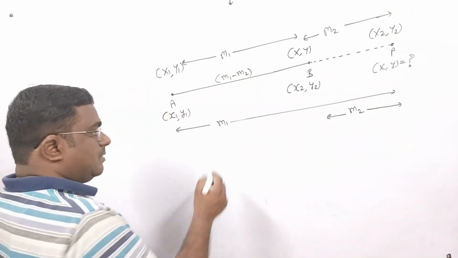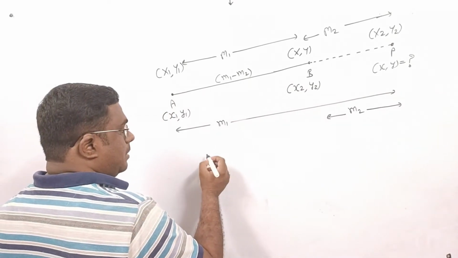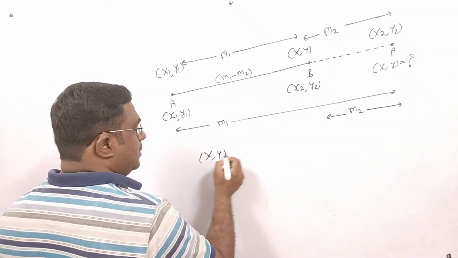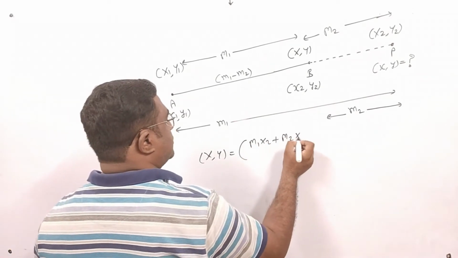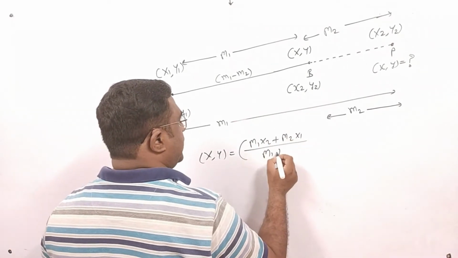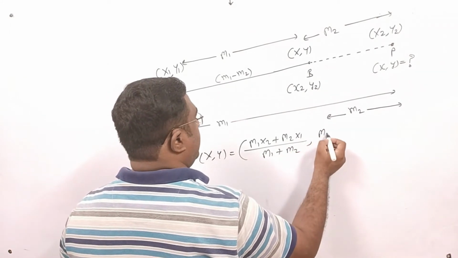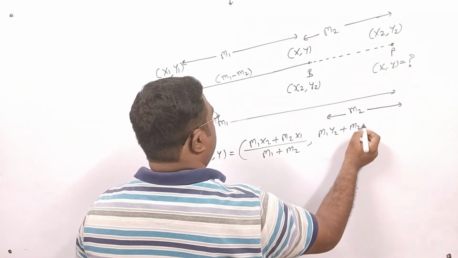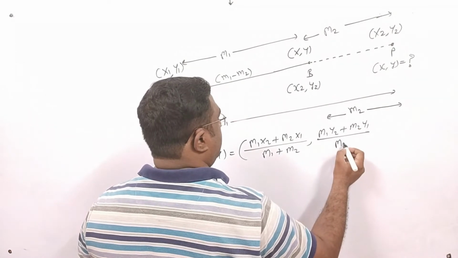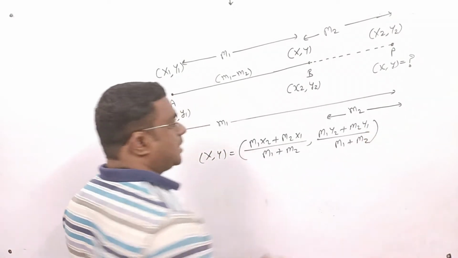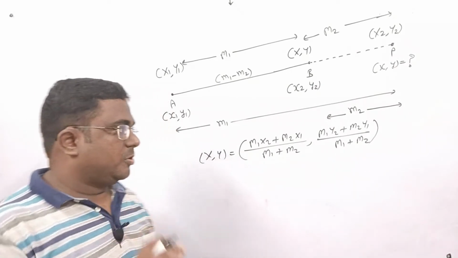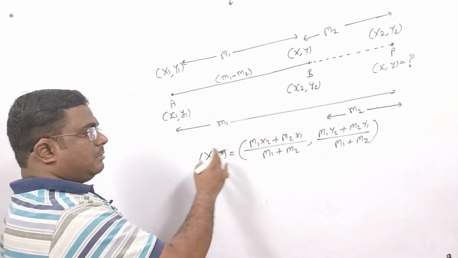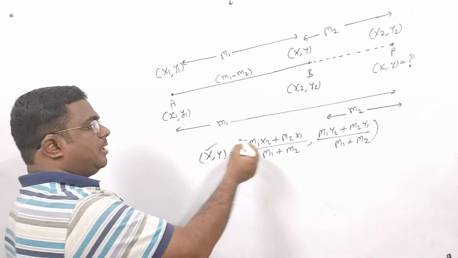What was that section formula? (x, y) is equal to (m1 x2 plus m2 x1) upon (m1 plus m2), comma, (m1 y2 plus m2 y1) upon (m1 plus m2). It was the section formula for internal division that we have already proved. Now suppose I take the x part here and the x part here.